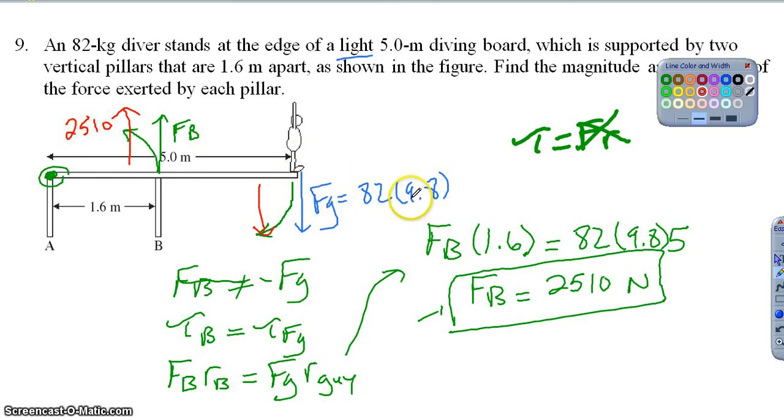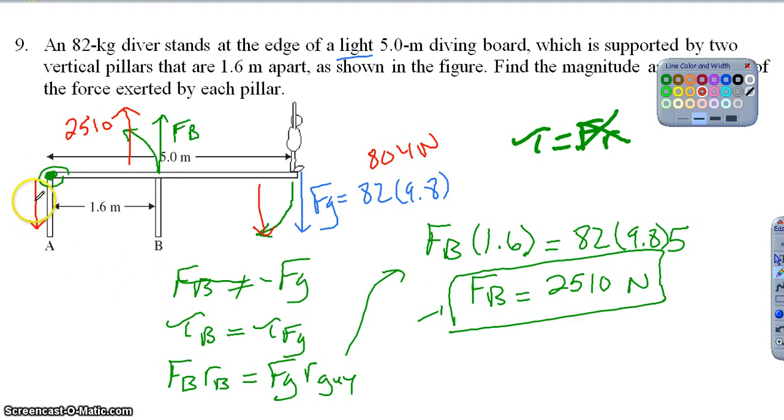The diver's force is going to be less than that. If we calculate 82 times 9.8, which I'll do here real quick, should be about 804 newtons pulling down. So this force pulling down is not enough to balance this one out, which means that pillar A actually also has to be pulling down.